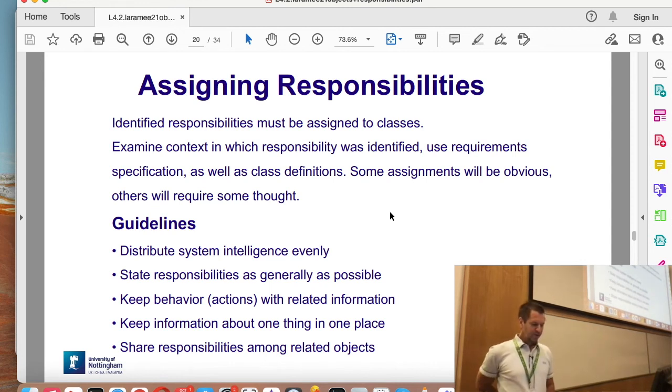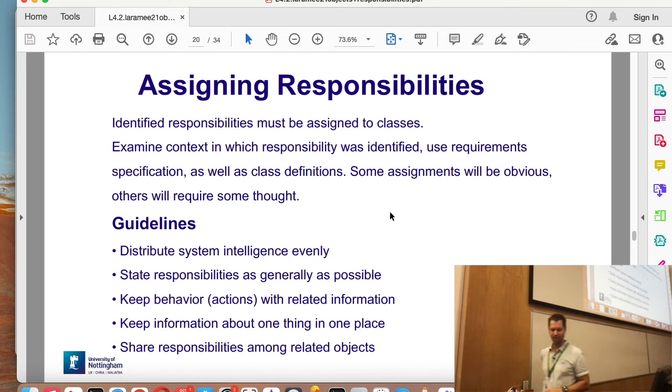So we want to distribute system intelligence evenly. I'm using this word intelligence, which is confusing, but that corresponds to data and the methods that operate on that data, right? State responsibilities as generally as possible. Keep behavior with related information, so keeping the data and the methods that operate on that data in the same class, right?